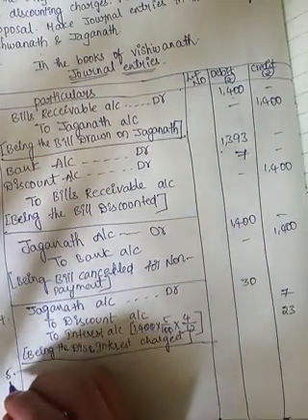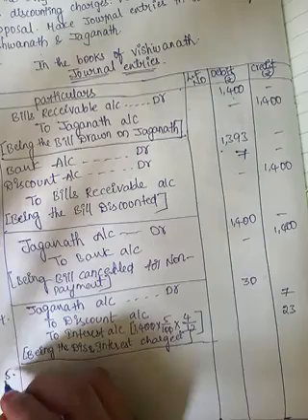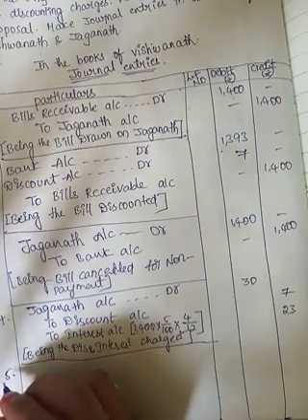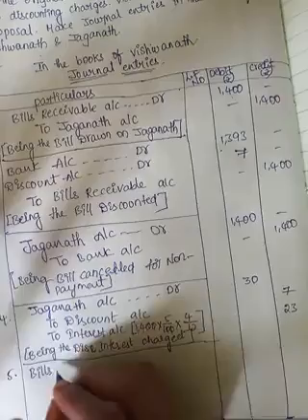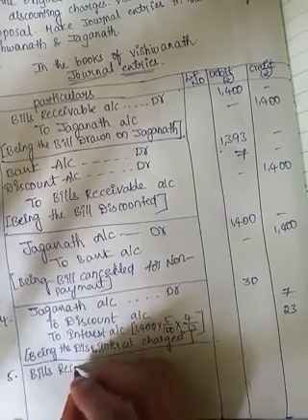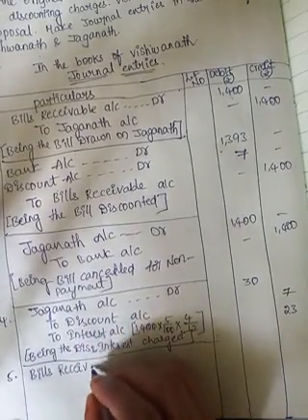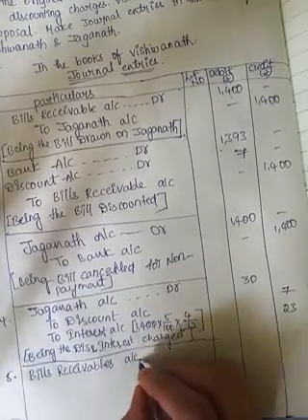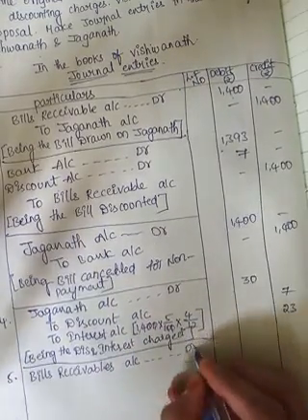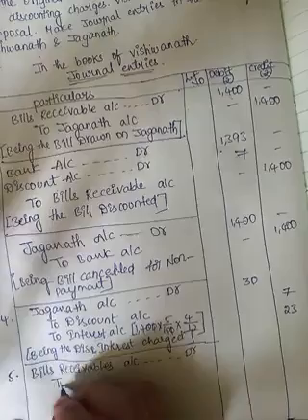So for that, the entry is bills receivable account debit to Jagannath account.